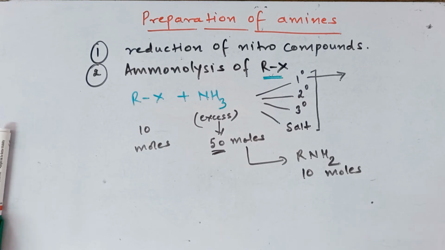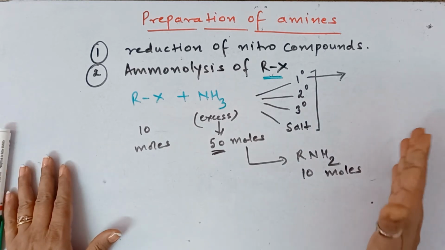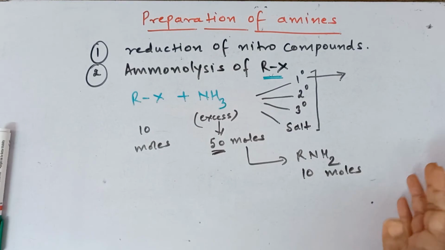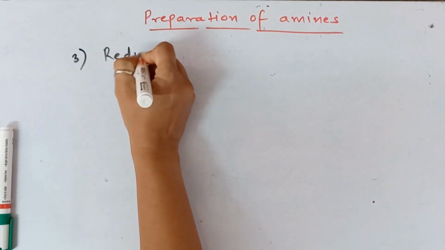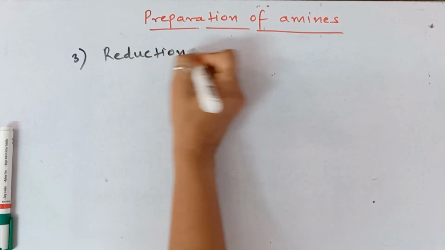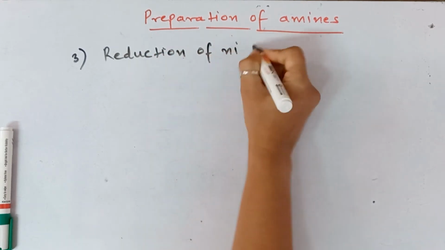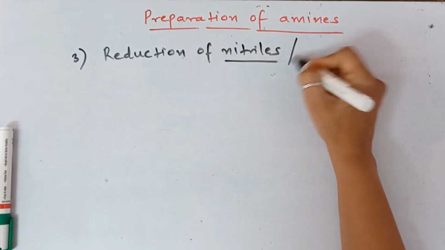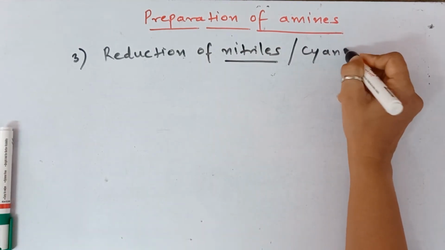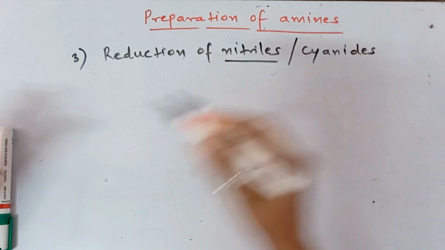Now in today's video, let's cover the remaining methods of formation of primary amines. The third method is reduction of nitriles. Now nitriles are also known as cyanides in their common name.